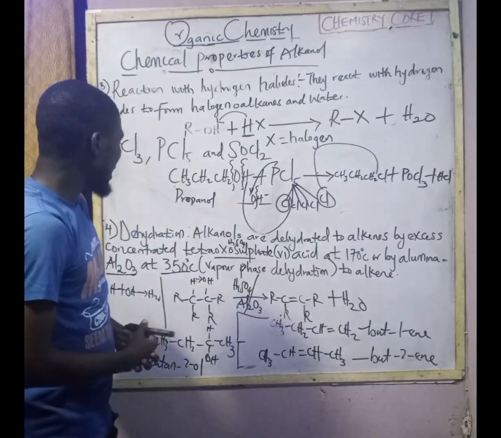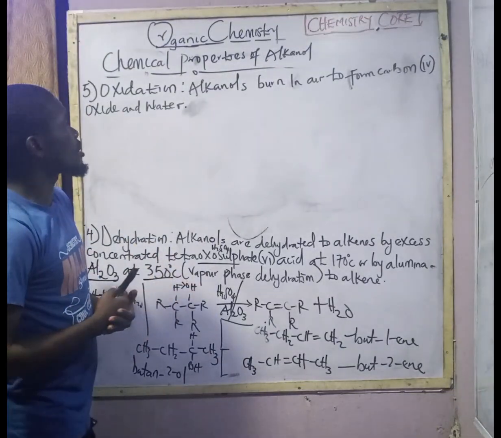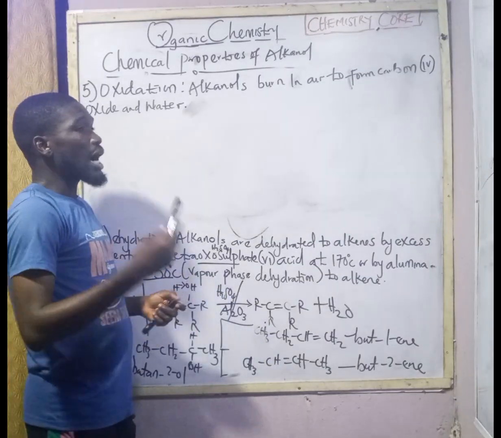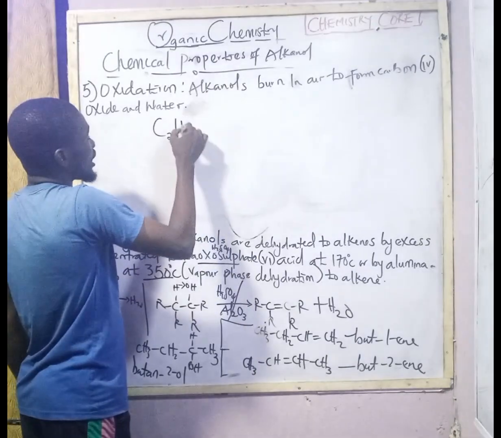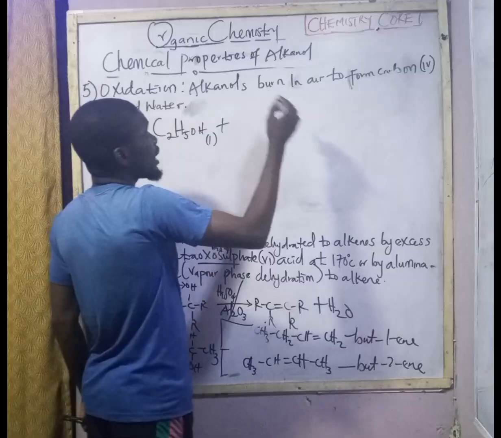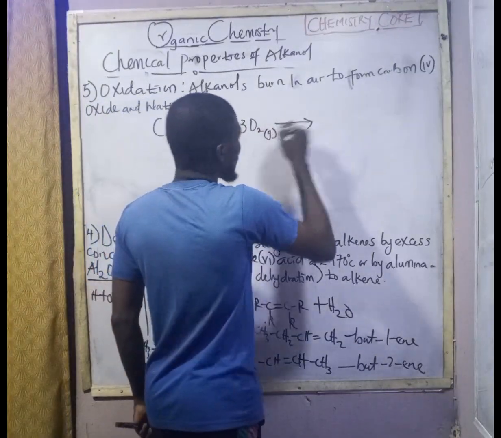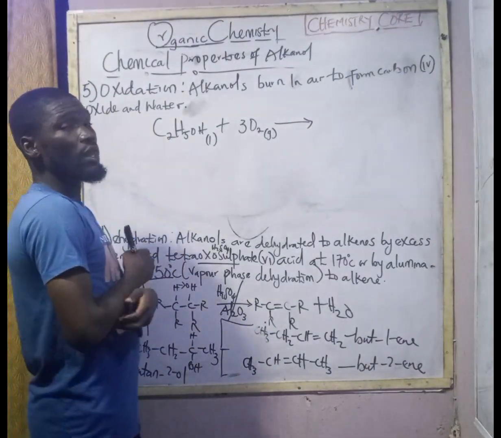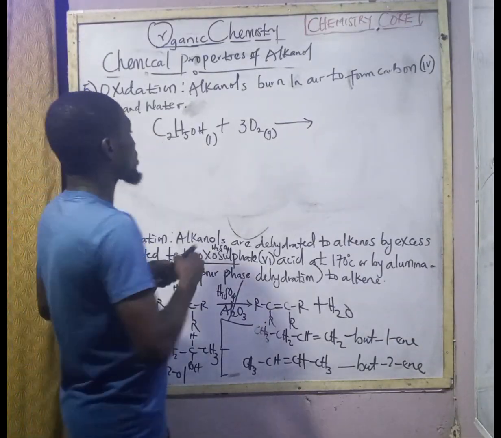So guys, that is for dehydration. So let's take a look at the oxidation. Alkanols burn in air to form carbon dioxide and water. How do we deduce that? Alkanol, we take ethanol, which is liquid, plus air, oxygen, we have gas. So now, looking at what you have on the board, if we are to have our answer, we're having two carbon atoms here.